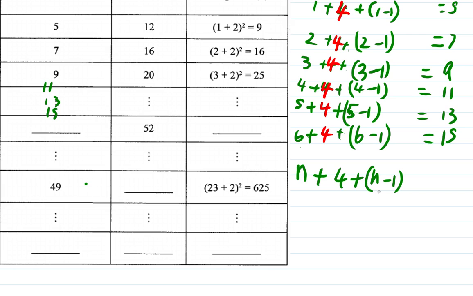You see that? Now, this could be changed up, because you could say n plus 4 plus, without the bracket now, n minus 1. N plus n is 2n, so it's 2n plus 4 minus 1 is 3. So call it 2n plus 3.